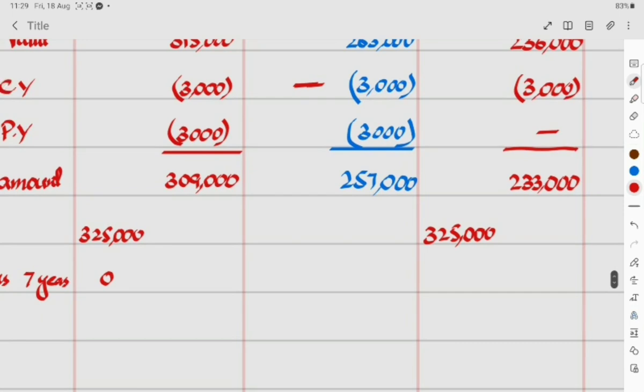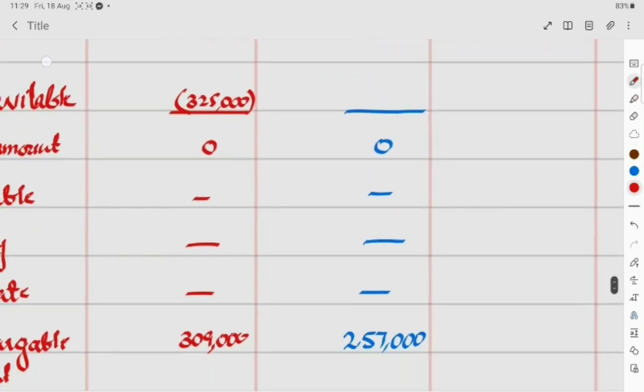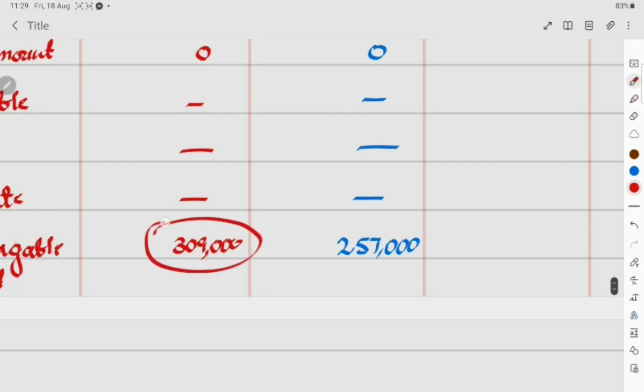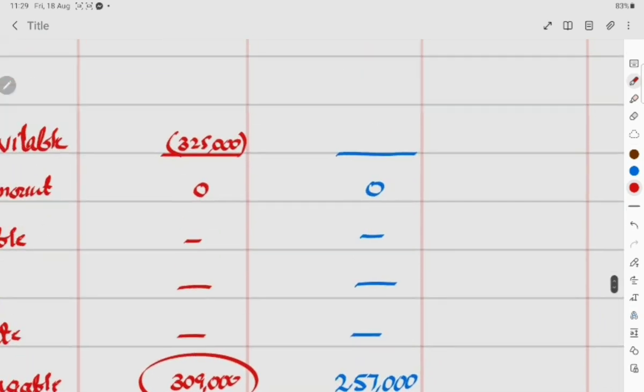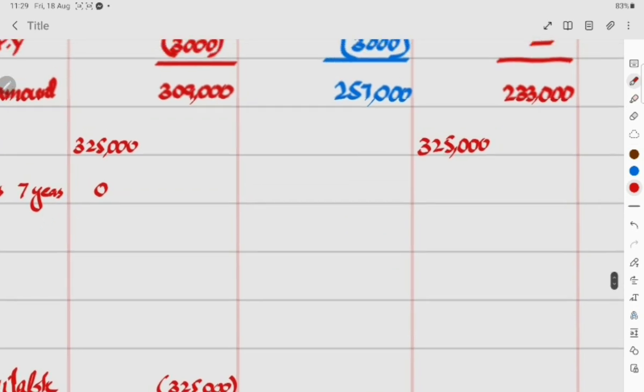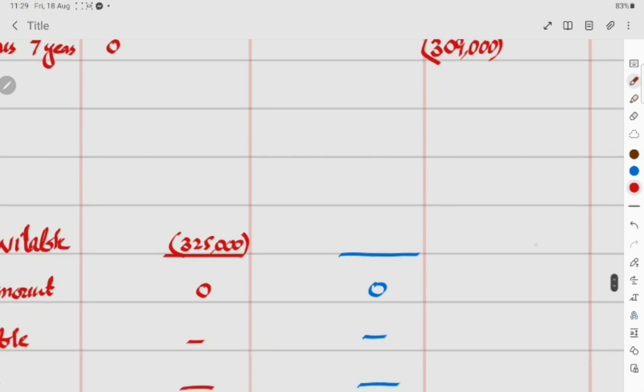Now the question is, how much nil rate band has been utilized? It is the gross amount that we need to consider, the gross amount in the year of utilization of the nil rate band. So it is 3,09,000 of gross amount that is already used. So the nil rate band available is only 16,000.